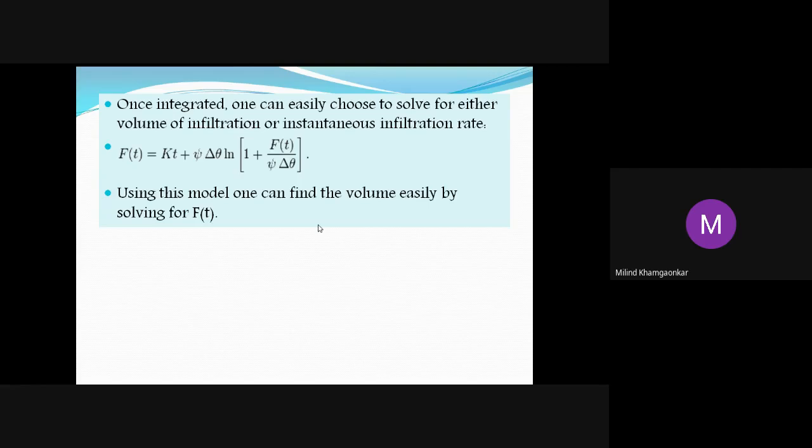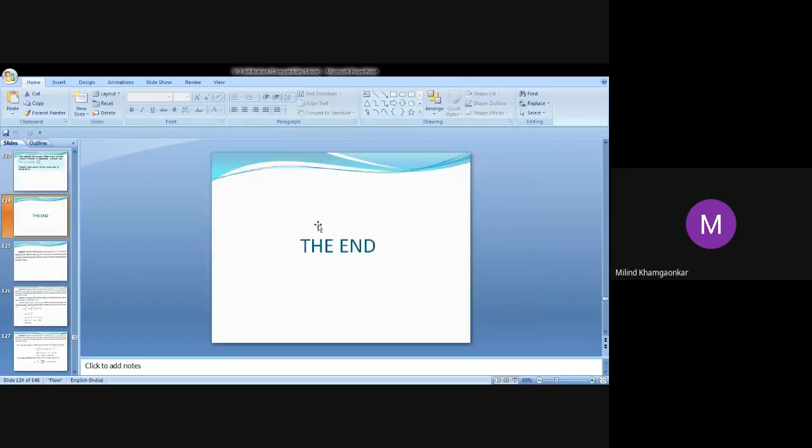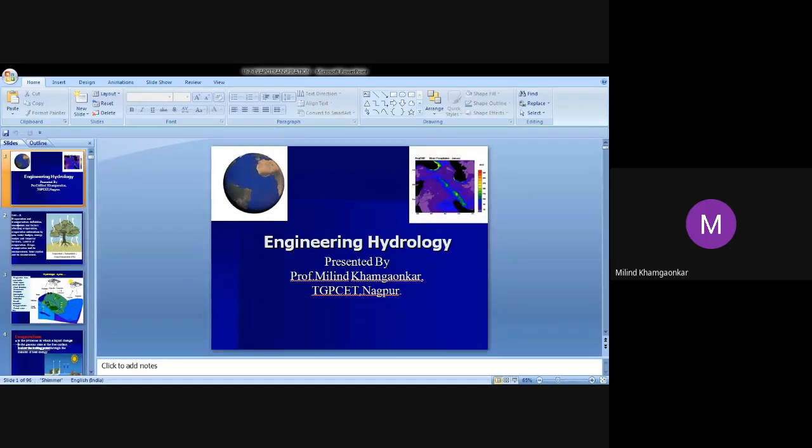Okay, so here we will be finishing the first part of the unit. The second part, the evaporation, we will be starting. I will just switch this part.